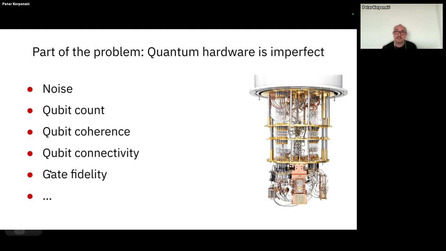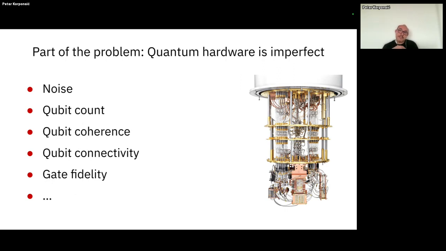So quantum hardware is imperfect, but it's improving. As I said, almost every month we have something new in the industry. All those companies and big techs are working to improve quantum computers, and this is part of the problem why we don't have quantum advantage yet.